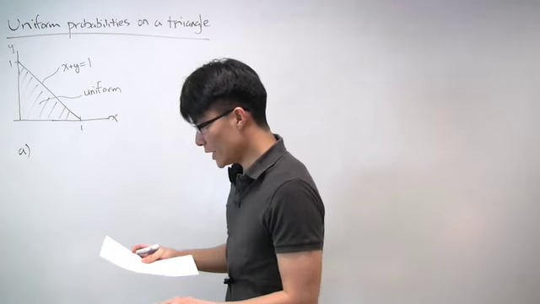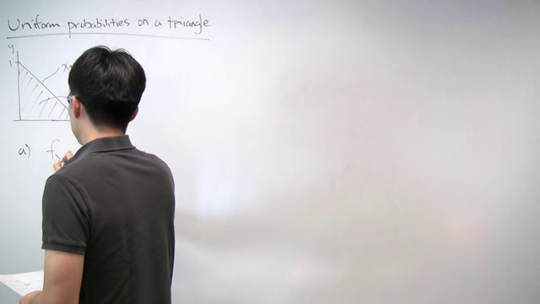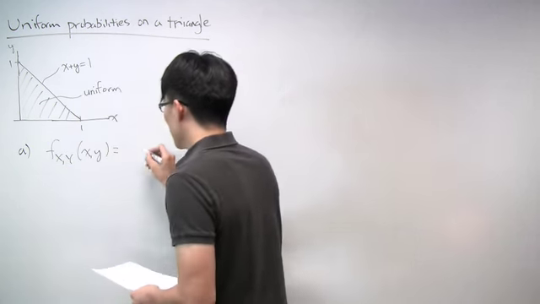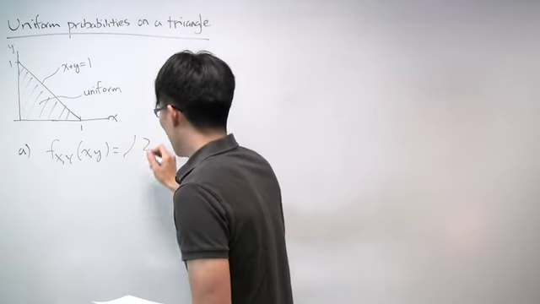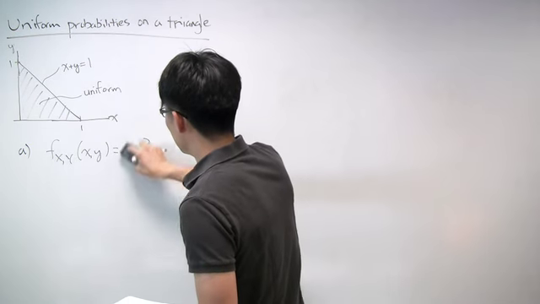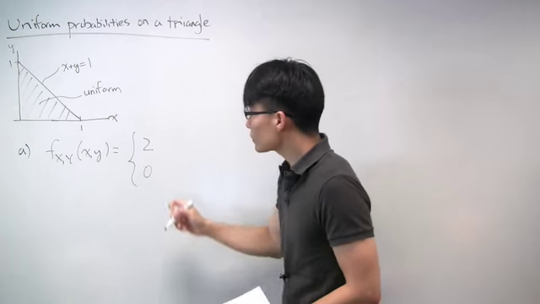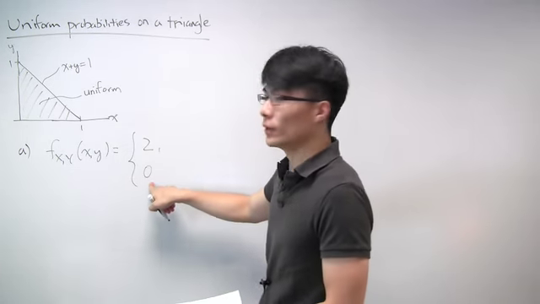And so the area is 1/2, and so the joint PDF of x and y is going to equal 2, right? But remember, you always have to be careful when writing these things to remember the ranges where they are valid. So it's only 2 within this triangle, and outside of the triangle it's 0, right?